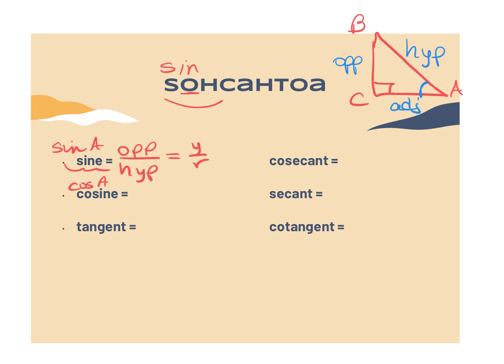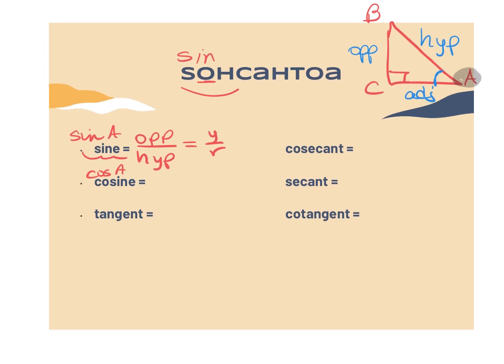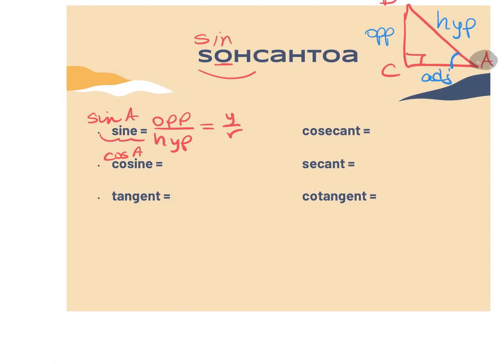You always give the name to the sides based off the acute angle they're asking you to do the calculations for. Then for tangent, that abbreviation is just TAN. Cosecant is CSC. Secant is SEC. And then cotangent is COT.